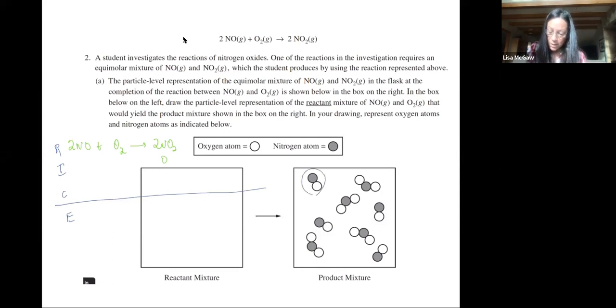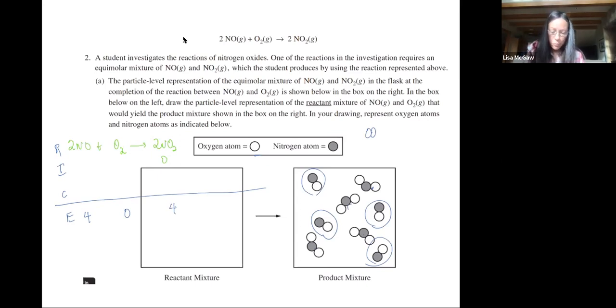So we have 1, 2, 3, 4 NOs. We have no oxygens, because that would be 2 spheres like this, right? Oxygen is diatomic. And then we made 1, 2, 3, 4 NO2s. So we're just going to work our way backwards on this.